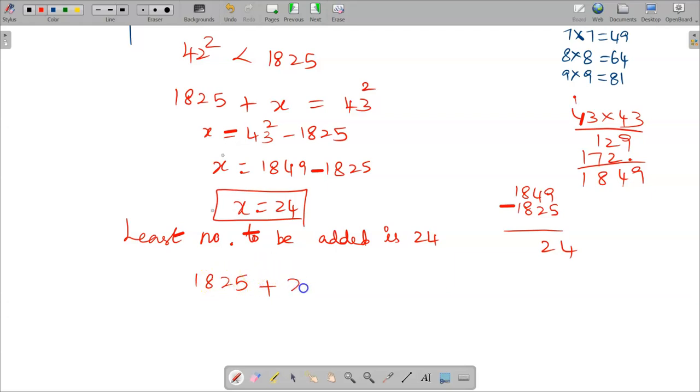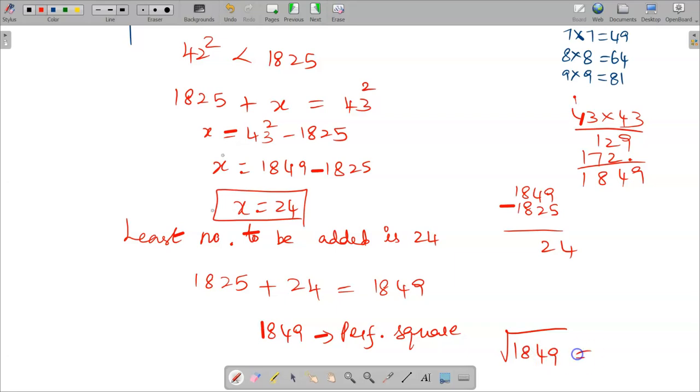With the 1825 we have to add 24. So what we will get? 1849. So 1849 is nothing but the perfect square number. So for perfect square 1849 we have to find out the square root. So already we have determined that 43 into 43 is 1849. So square root of 1849 is 43.